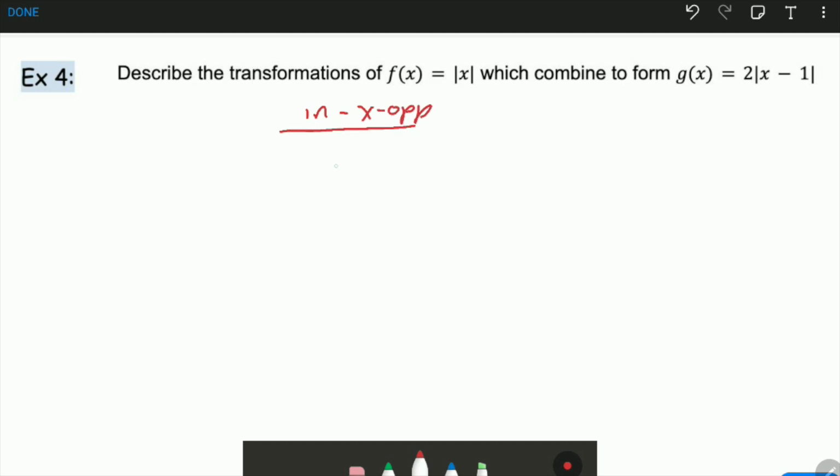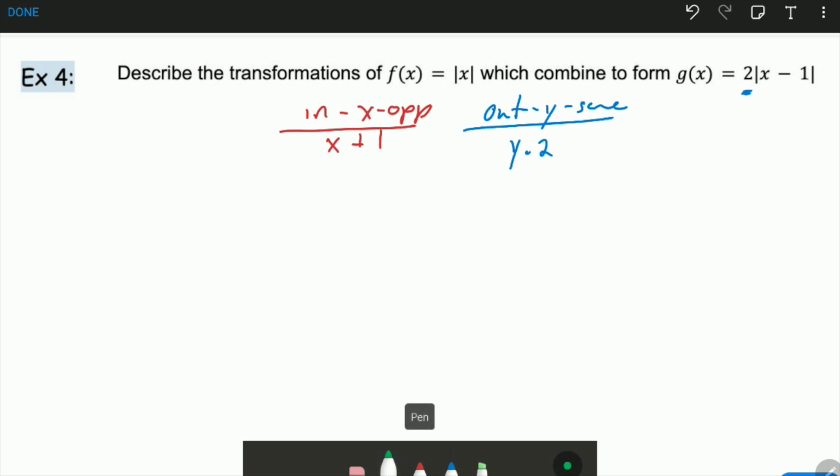I see x minus 1 inside, so we're really going to do x plus 1. Outside affects y and same. I see a times 2 on the outside, so I'm going to do y times 2 as my rules.